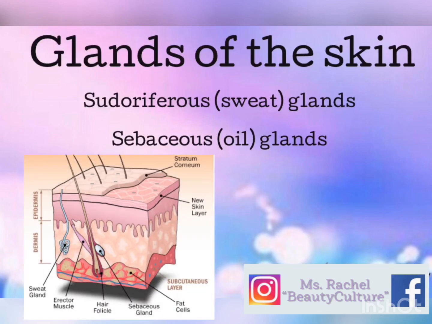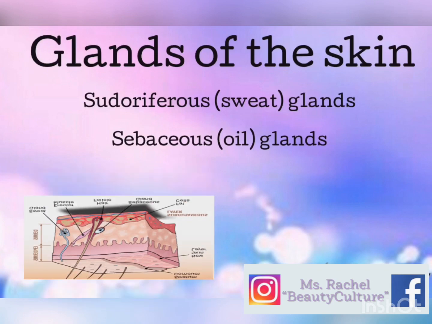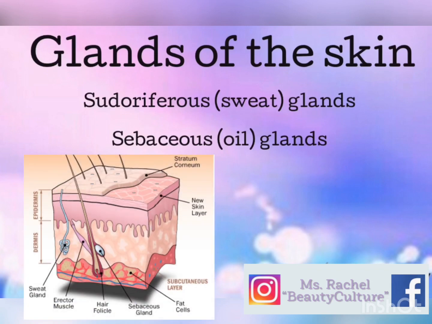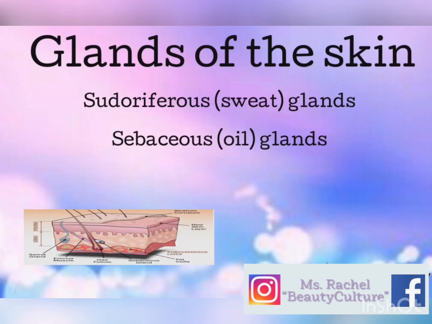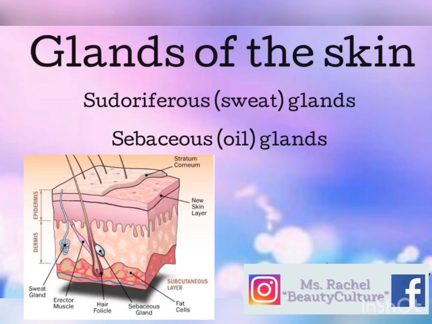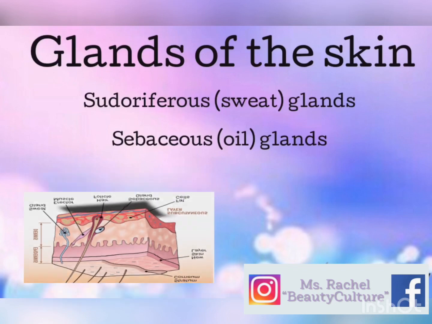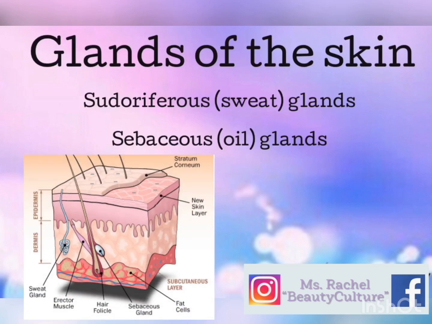Glands of the skin. Skin contains two types of duct glands that extract materials from the blood to form new substances. Sudoriferous or sweat glands excrete perspiration and detoxify the body by excreting excess salt and unwanted chemicals.